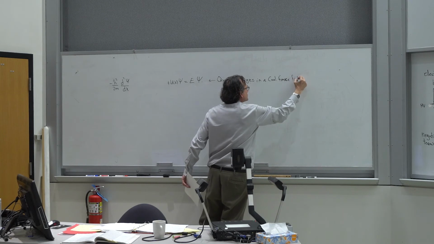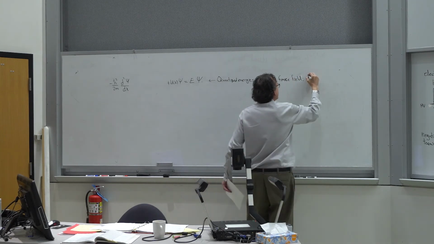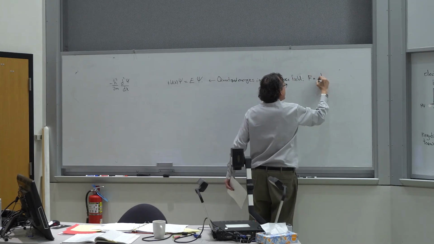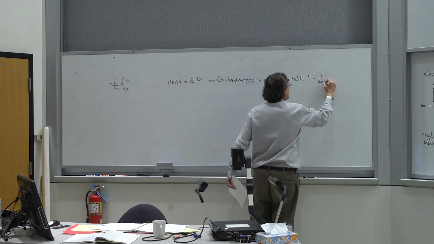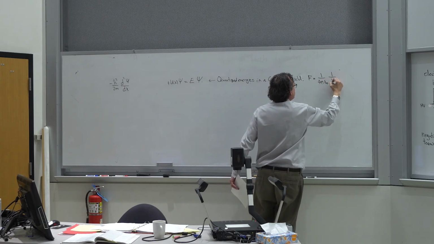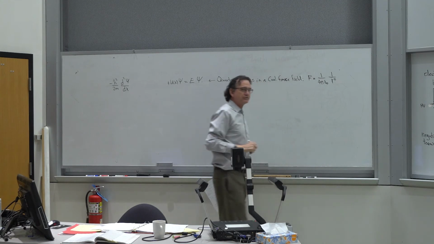Right? And of course, what we mean by that is that the force is equal to 1 over 4 pi epsilon naught times 1 over r squared. Right? That's a Coulomb force.